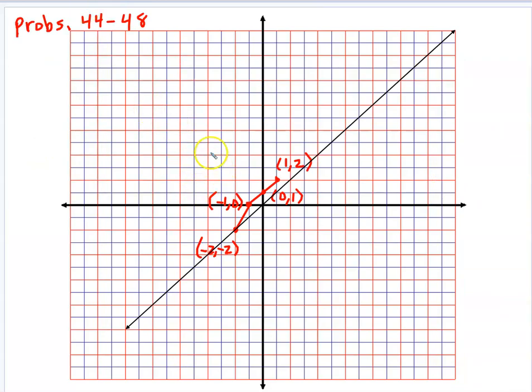44 to 48, you're going to use this same idea of switching xy coordinates to come up with the rest of the graph. It's an interesting thing that happens when you have a graph and then you graph the inverse. The graph of the function and its inverse always reflect over the line y equals x, which is shown here.